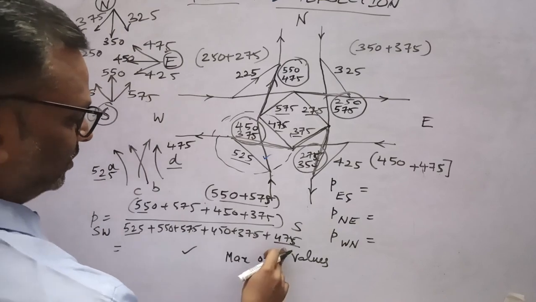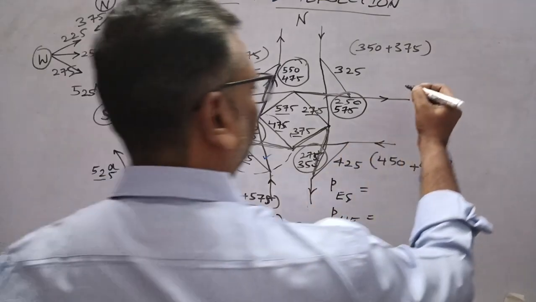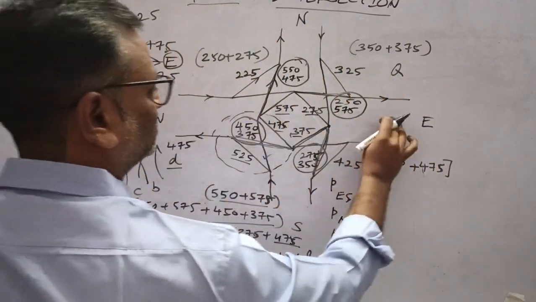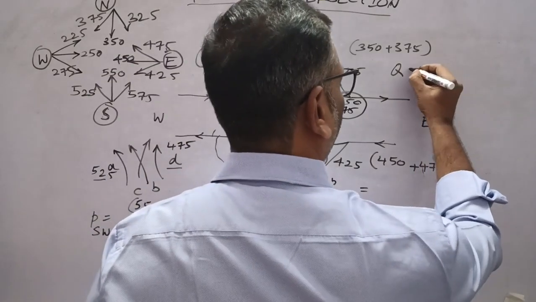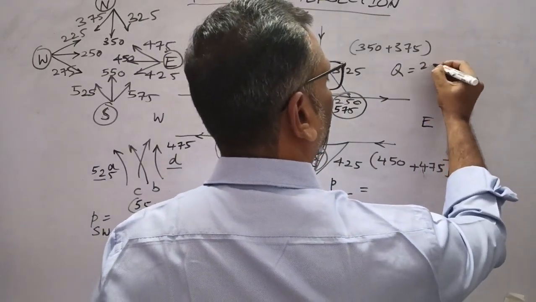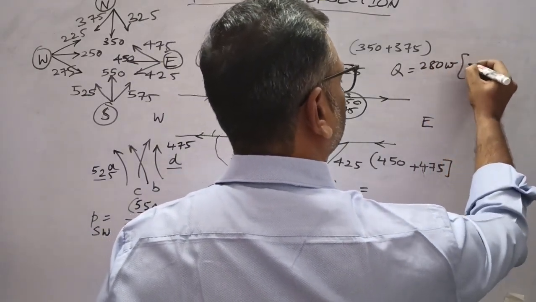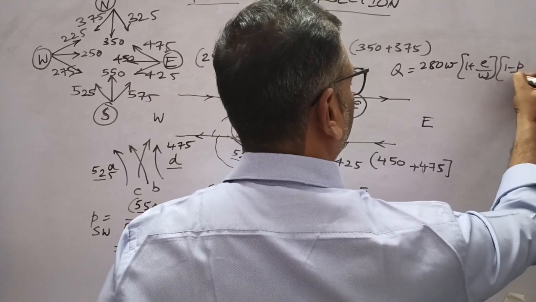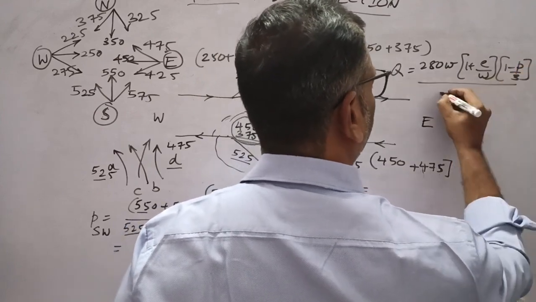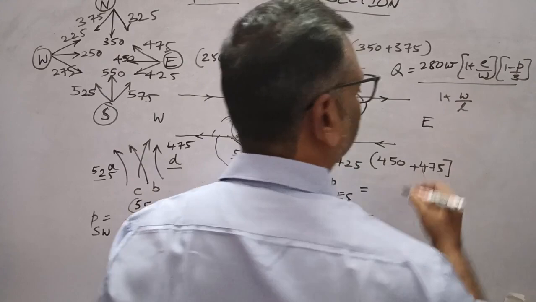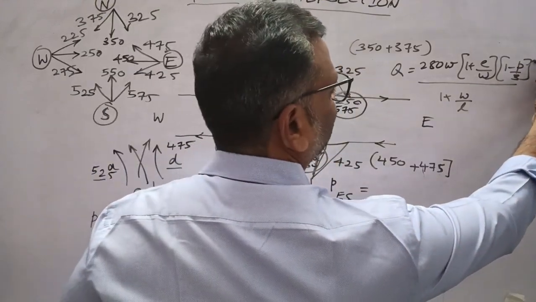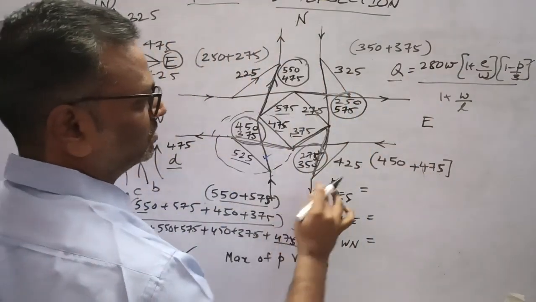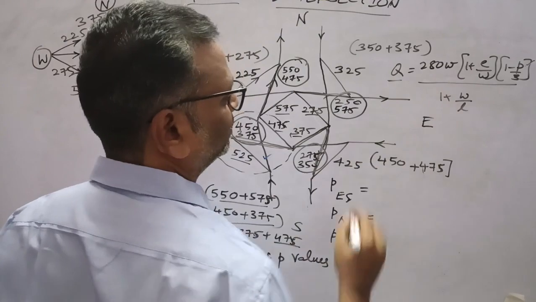Maximum of P values, because we have to calculate Q, and Q for all the approaches, if you take P maximum, then you get minimum for all the approaches. So that minimum value you have to calculate.